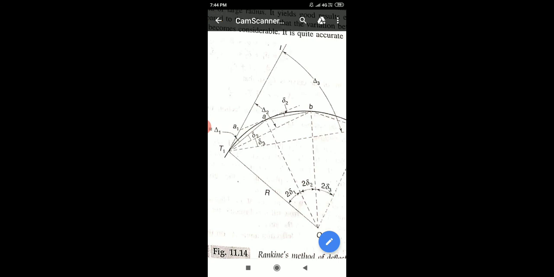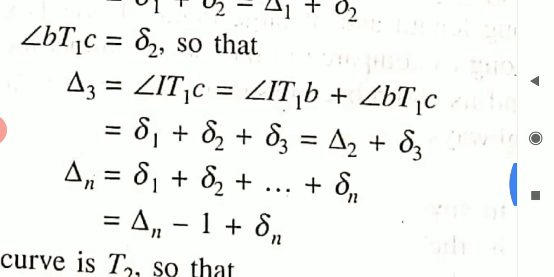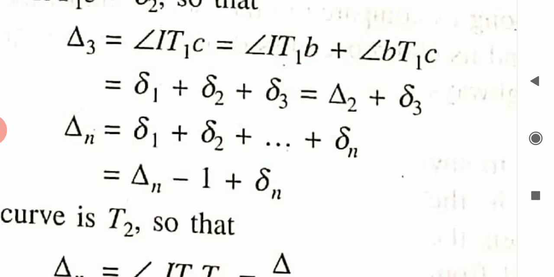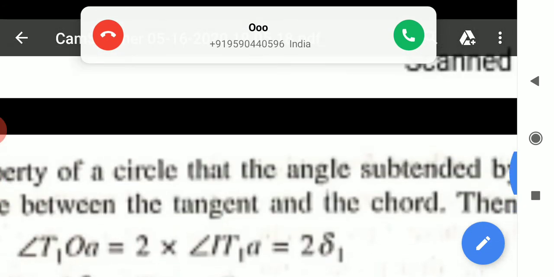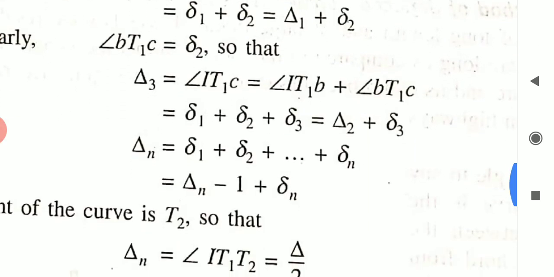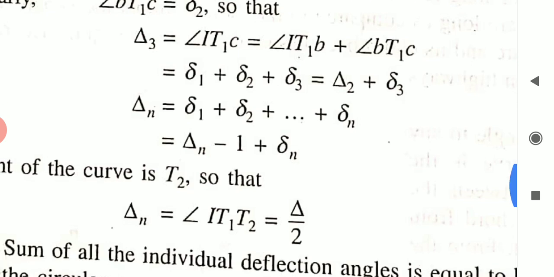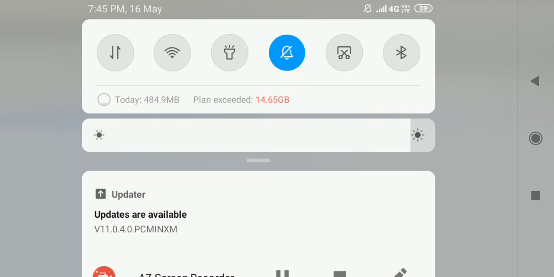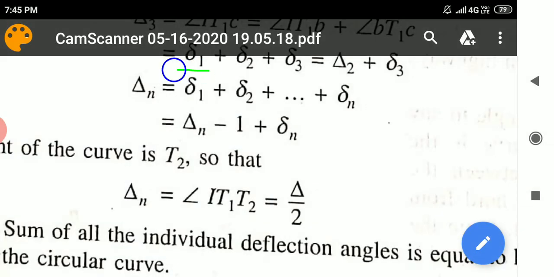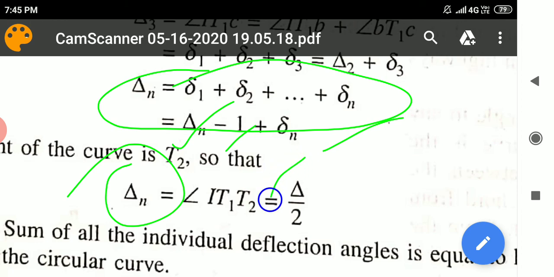So in the derivation, see here, delta 2 is delta 1 plus delta 2, and delta 3 is like this. So the nth deflection angle delta n is delta 1 plus delta 2 and so on, up to delta n minus 1 plus delta n, which equals delta by 2.